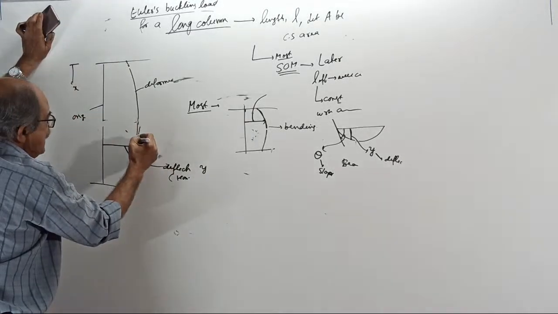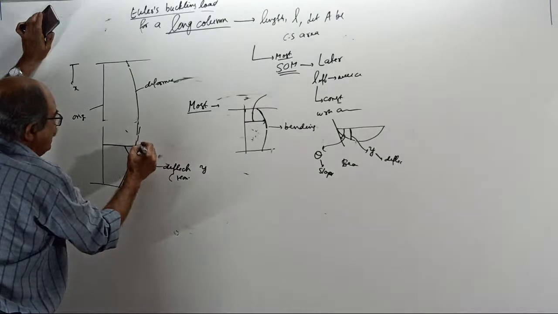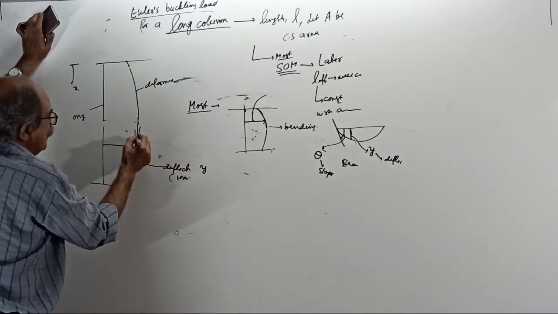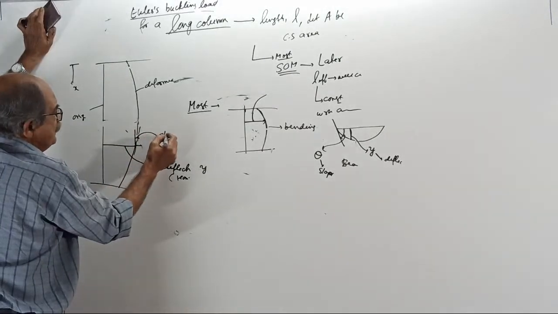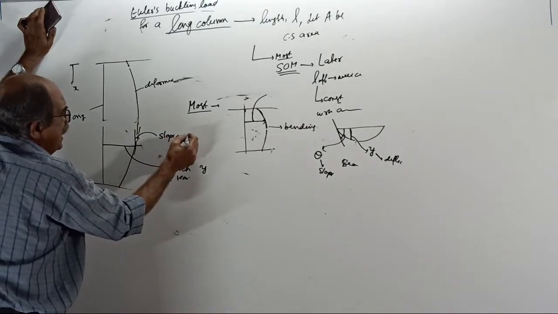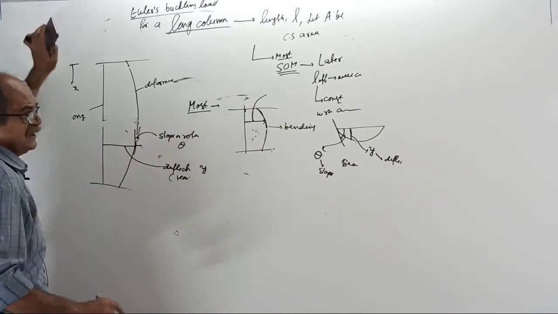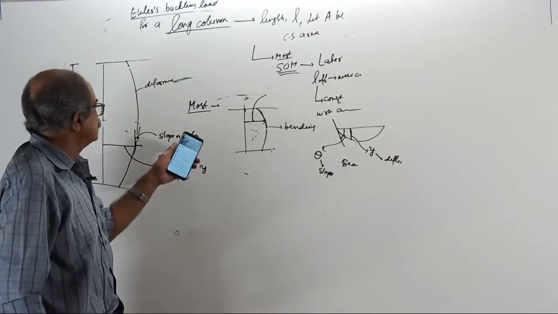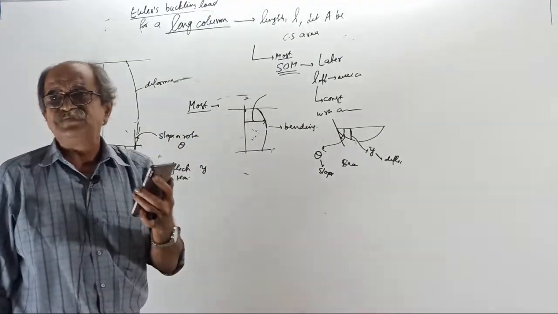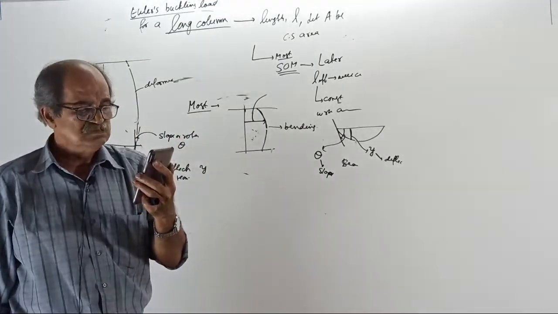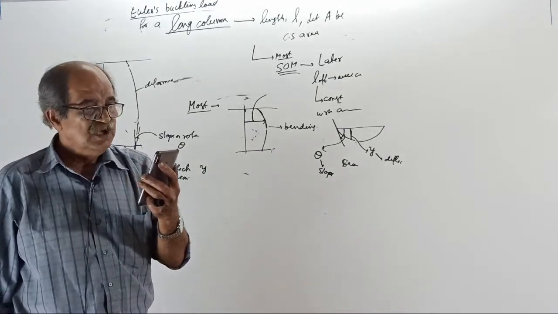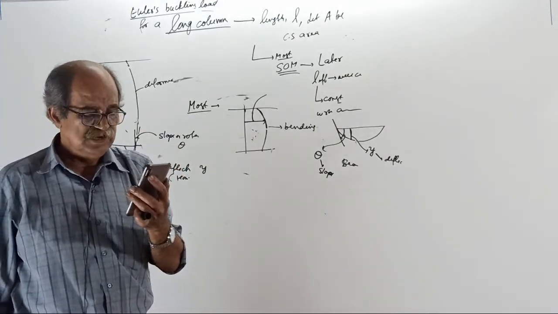And if I draw a tangent here, what is this called? This is called slope or rotation or theta. Tell yes or no. You should not waste time now. Yes.